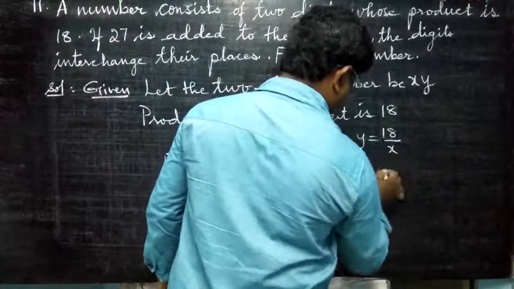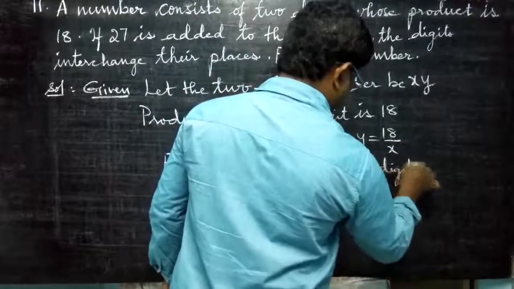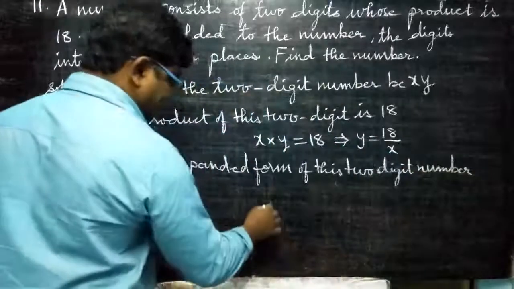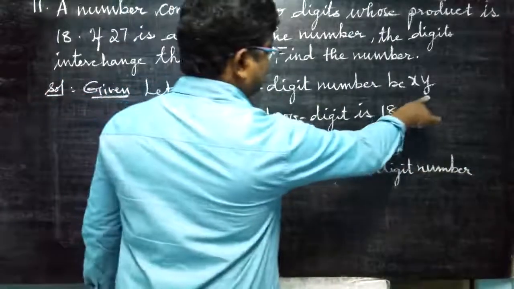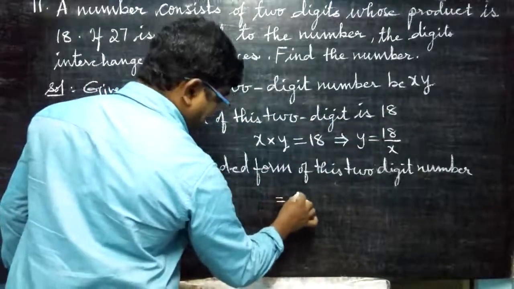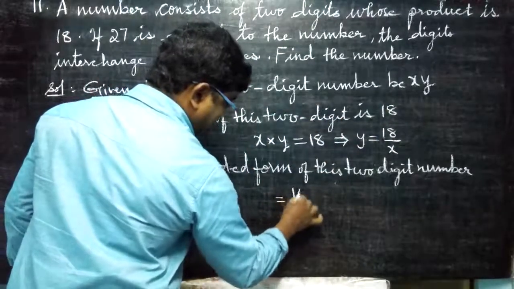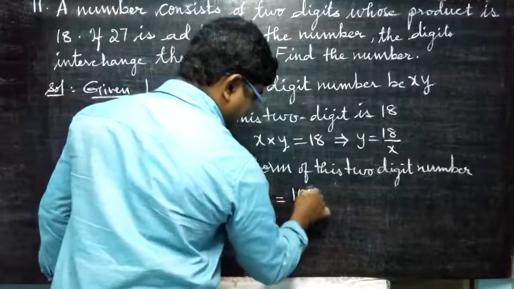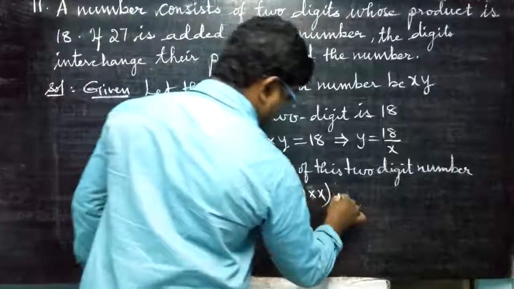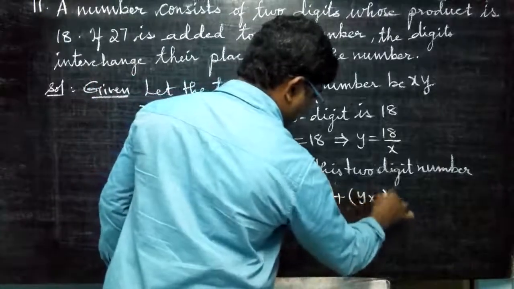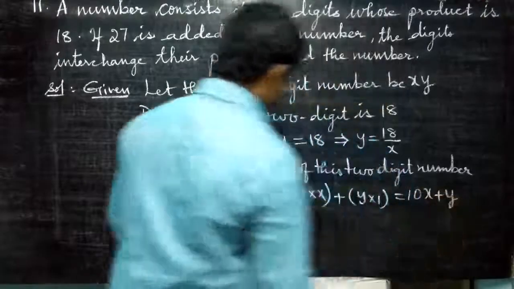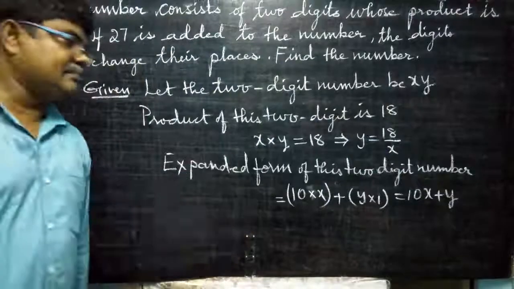We know expanded form, we have learned in lower classes. y is in ones place, x is in tens place. So we can write 10 into x, because x is in tens place, plus y into 1, as 10x plus y. This is the expanded form of this two-digit number.